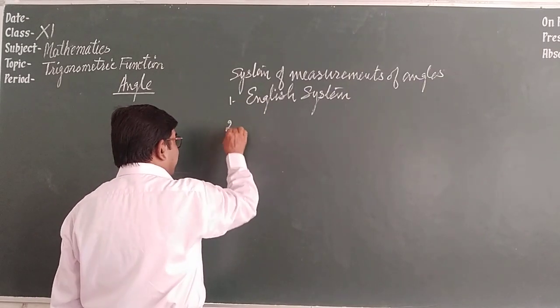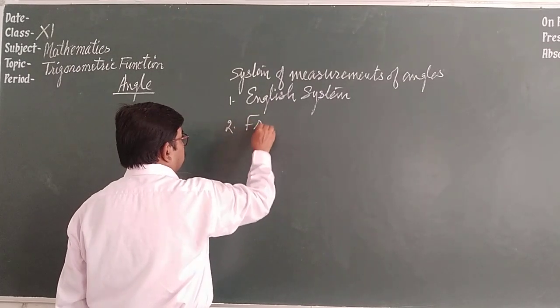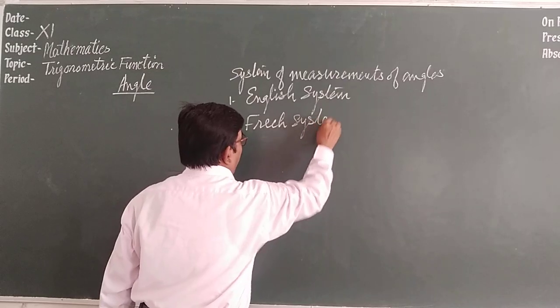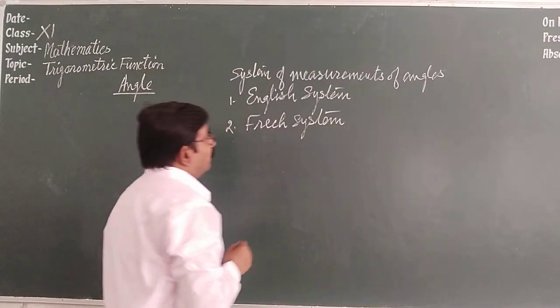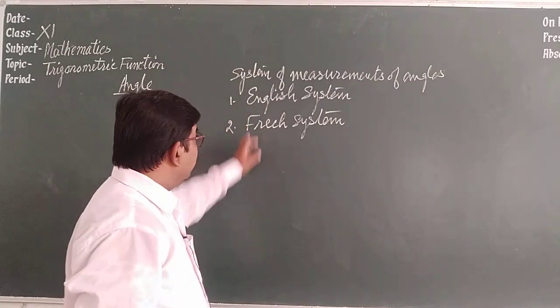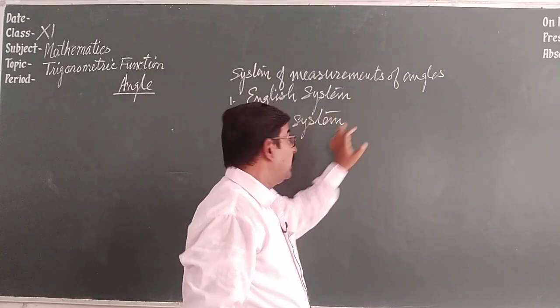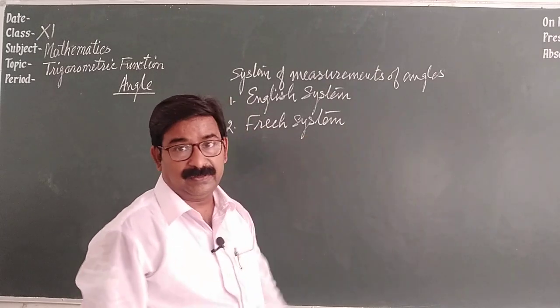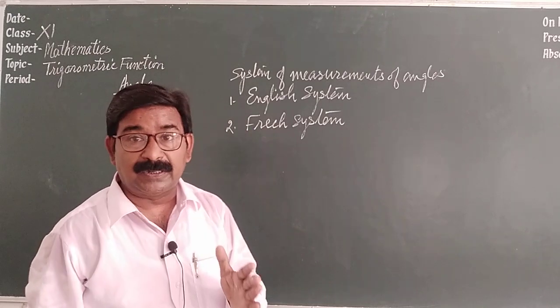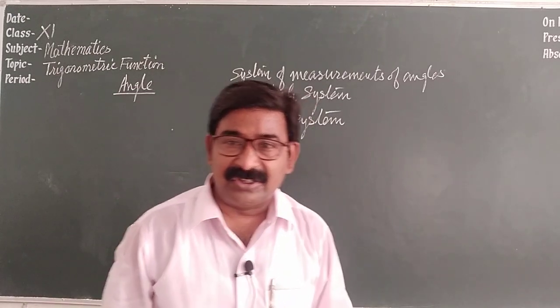And the second is French system of measurement. Means we have two systems of measurements of angles, English system of measurement and French system of measurement. Got it? Now let us see what is English system of measurement, what is French system of measurement.